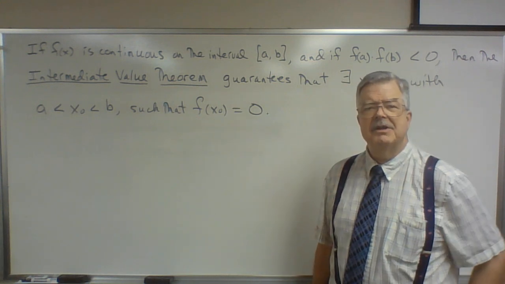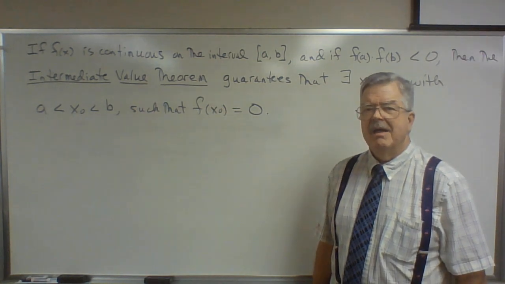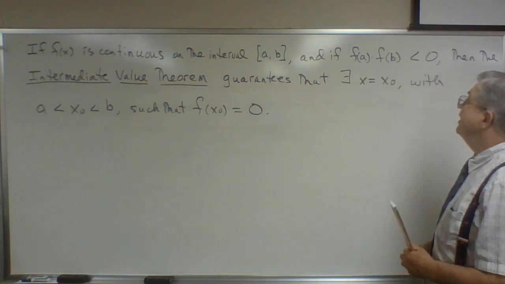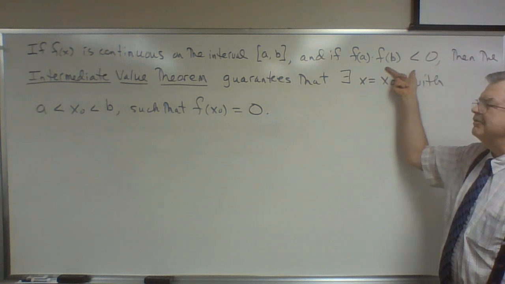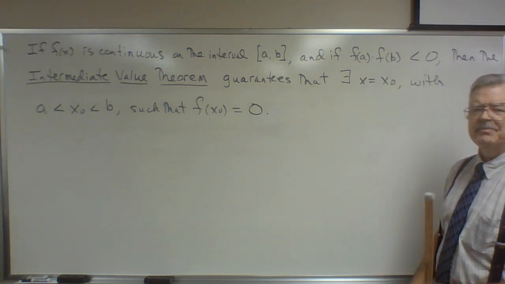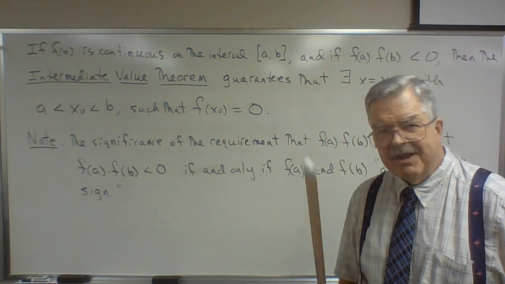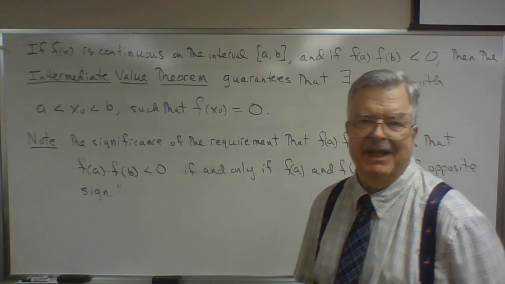Now, before we look at the intermediate value theorem, maybe I better clear up the mystery behind this requirement that the product of f of a and f of b is less than 0. So here's the story about f of a times f of b being negative.